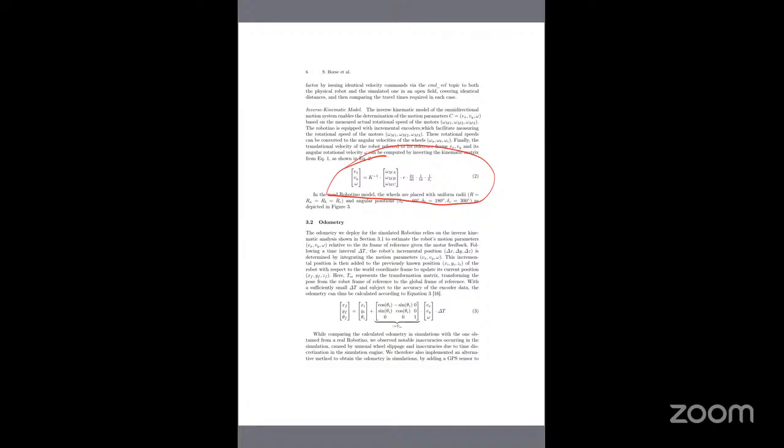Then omega A, omega B, omega C. K inverse represents the inverse kinematic matrix. Vx, Vy and omega. So omega A, omega B, omega C represent the angular velocity of the three wheels. So using this equation, we can find how much distance the robot traveled, how much distance sideways, how much rotation it will take.